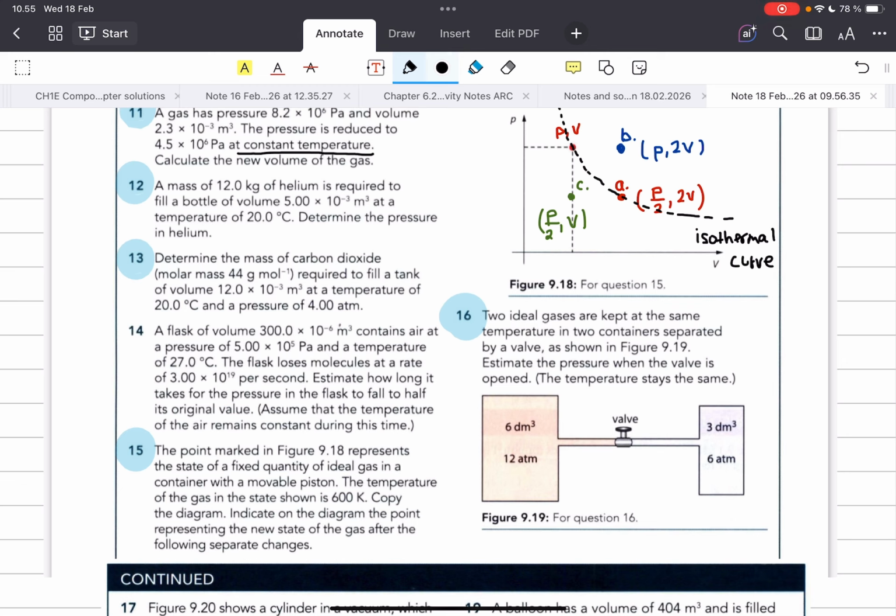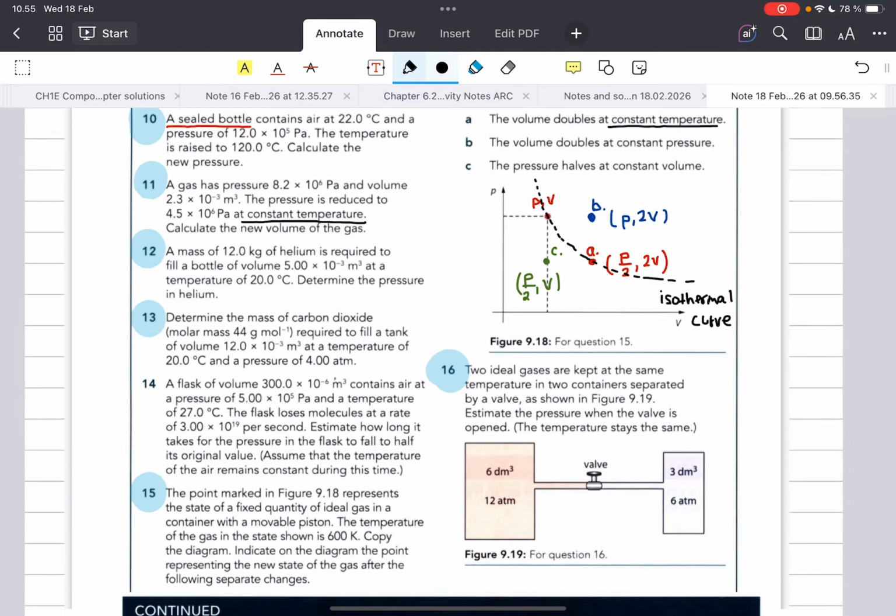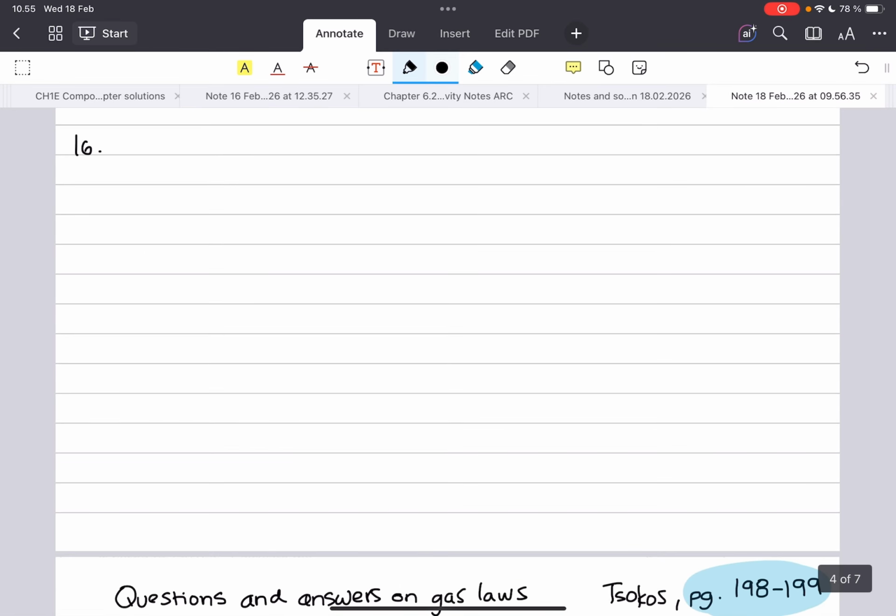So you have the information of each of the containers here, and we will have a small strategy here. When you look at each of the containers separately and you use this equation that we learned, PV equals nRT, the equation of state.